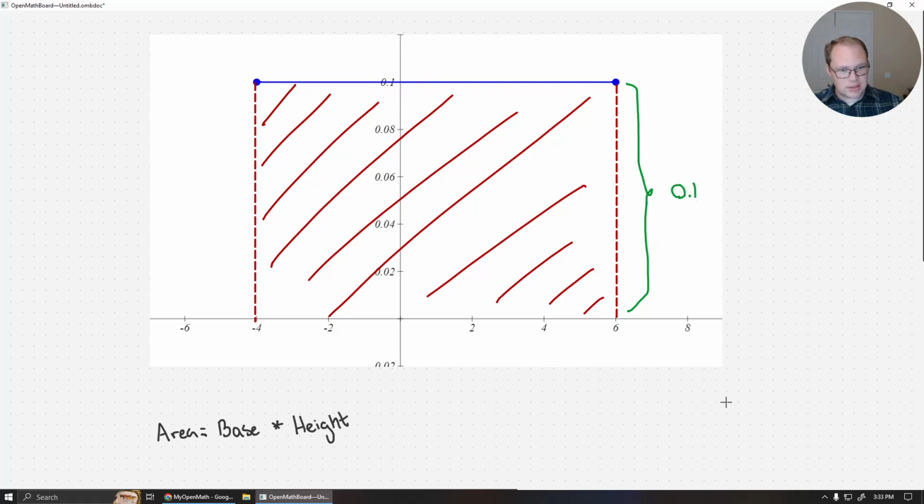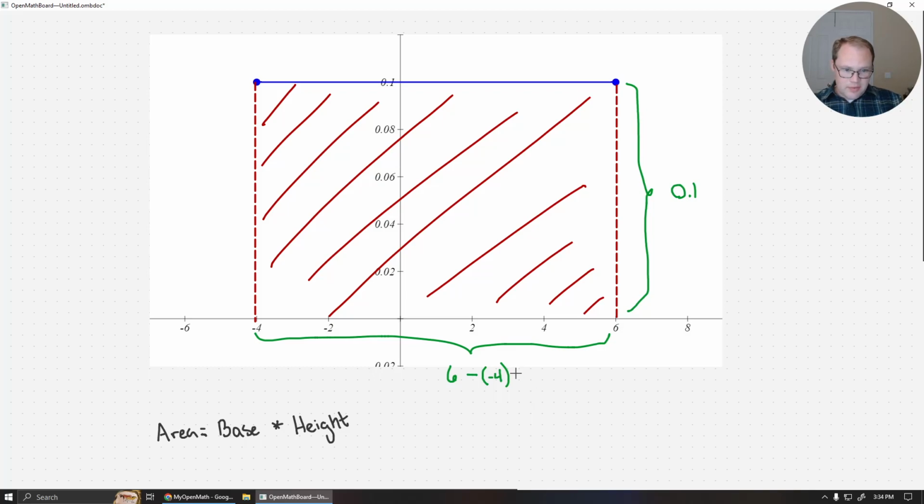That's the height. Okay, base is a little trickier just because we're not starting at 0, right? We start at -4, we go to 6. The general rule of thumb for calculating the distance between two values is start with the bigger value and subtract the smaller value.